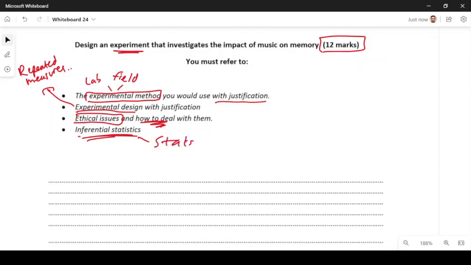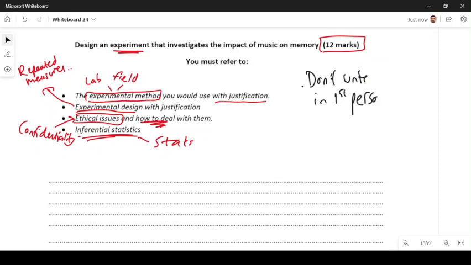So ethical issues, the go-to one, always confidentiality, applies to everything. You could talk about protection from harm, you could talk about all sorts. Now in terms of top tips for this style of question, the key things I would say to remember is don't write in first person.